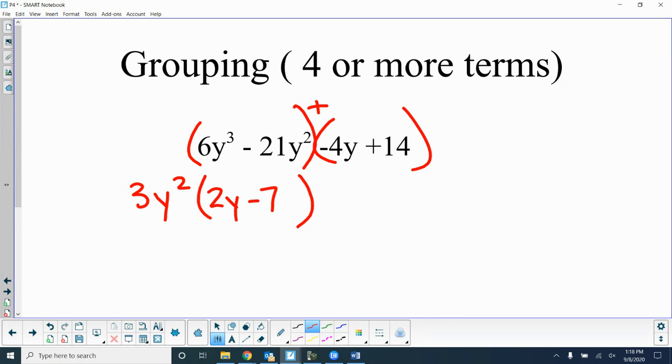Since there's a minus there, pull it out. What goes into 4y and 14? 2. Negative 4y divided by negative 2 is positive 2y. 14 divided by negative 2 is negative 7. So Garrett, what's my answer? Now that it looks like it's supposed to be?